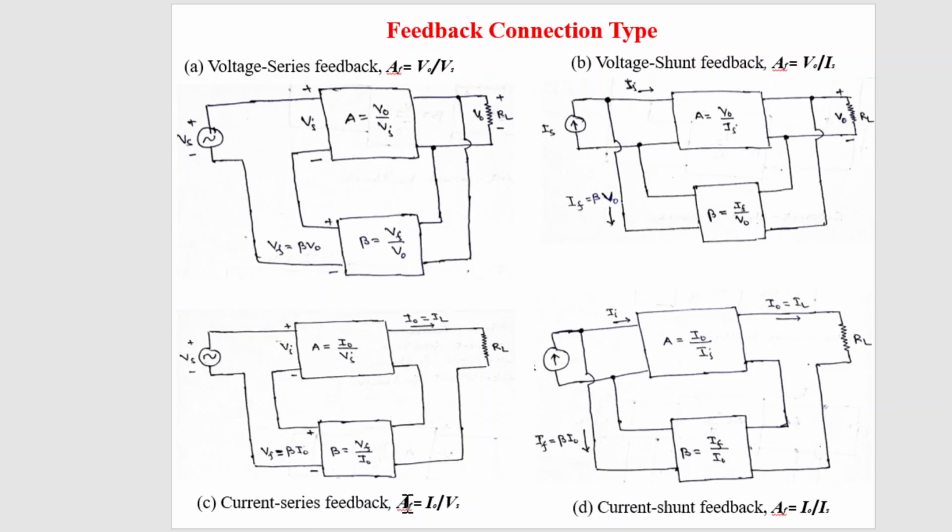In current series, with feedback, Io upon Vs. And in current shunt, Io upon Is. So that is the gain for different connection types of feedback. Remember, I have written AF, where A means gain and F means feedback, so AF means the gain with feedback in all nomenclature.